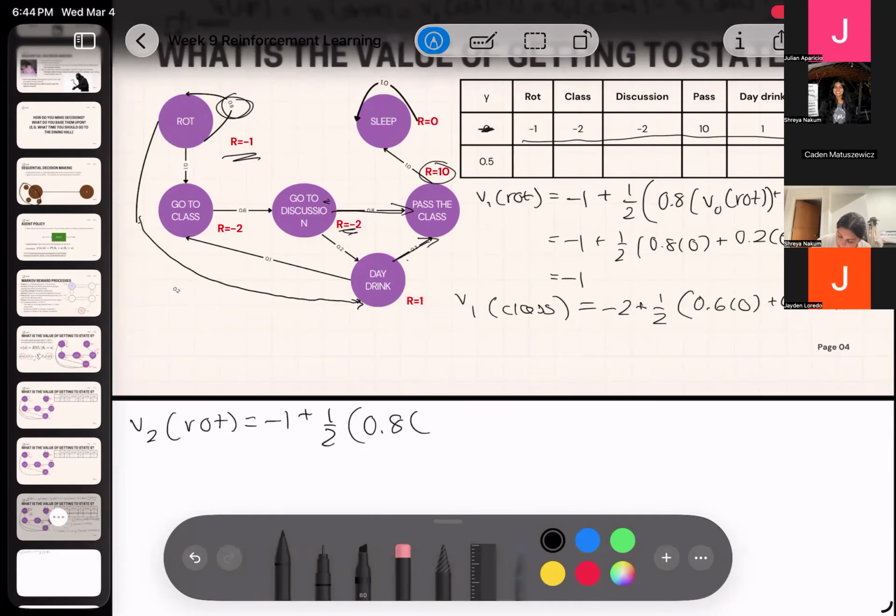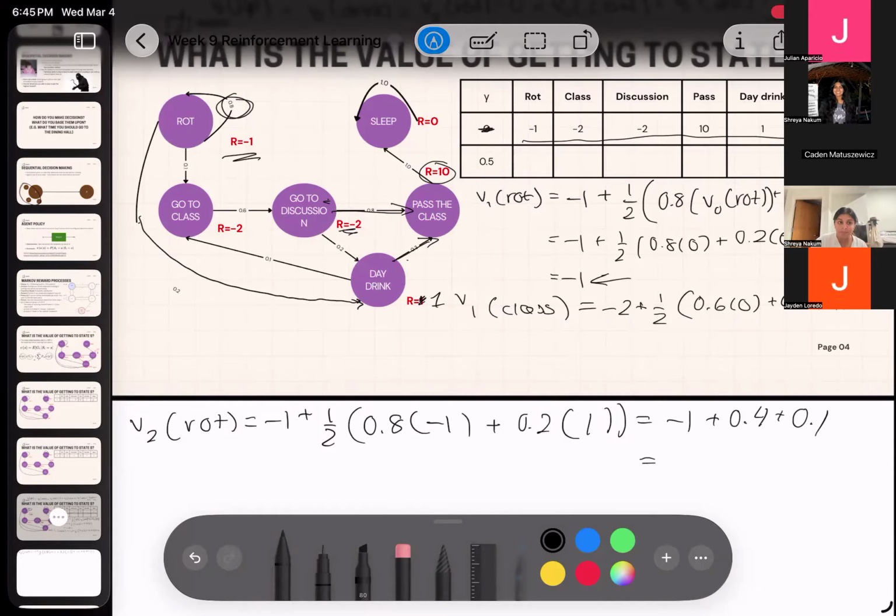So this one's going to be -1, just like we have here, plus 0.2, that's here going to day drinking. V0 of day drinking would be whatever V0 of day drink is. Oh, that should not be 1. There's 1, never mind. Which is going to be 1 here. This is going to be equal to -1 plus 0.4 plus 0.1.